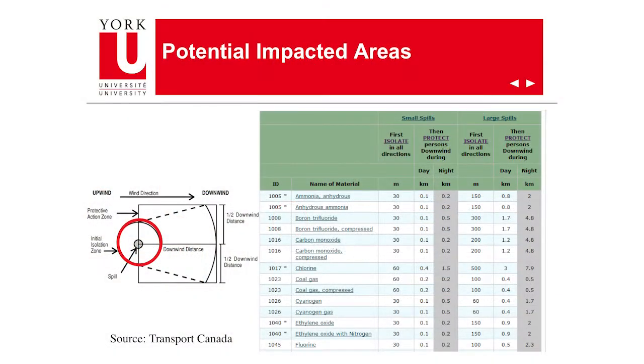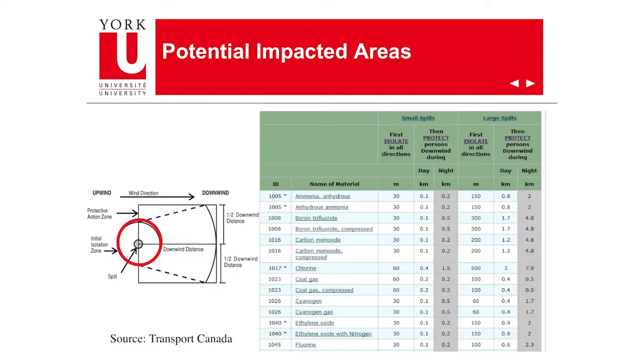Looking at this, there are about 600 some hazardous materials carried, or with potential to be carried, through rails. For each of them, in those last three columns, you have the isolate impacted area or immediate impacted area. For example, for chlorine, UN 1017, it is 500 meters.